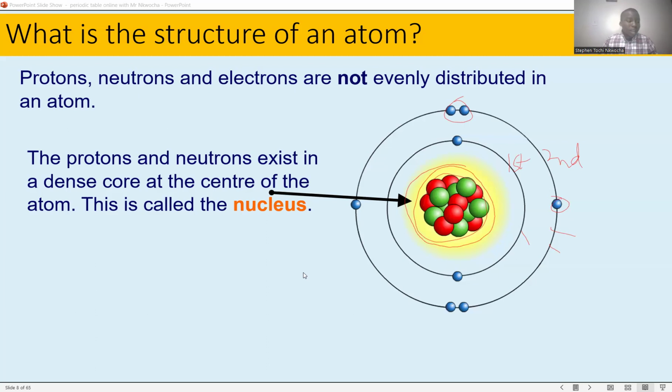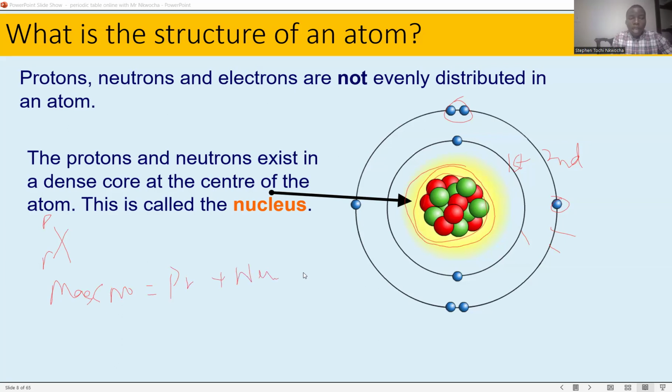So if you're in a JAMB question, what I will simply need to do is say, okay, we have X, P, R. My mass number is equal to proton plus neutron.